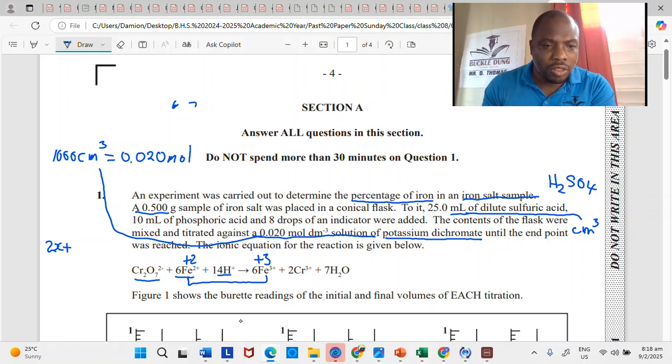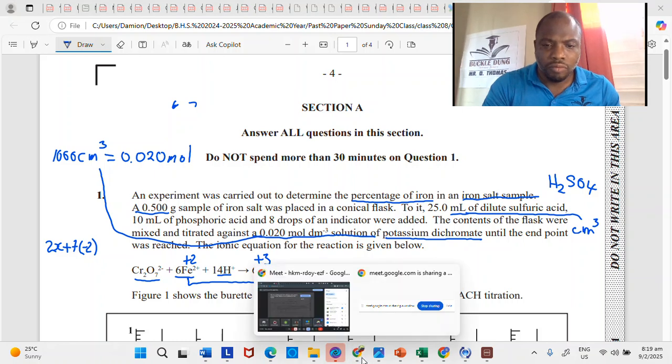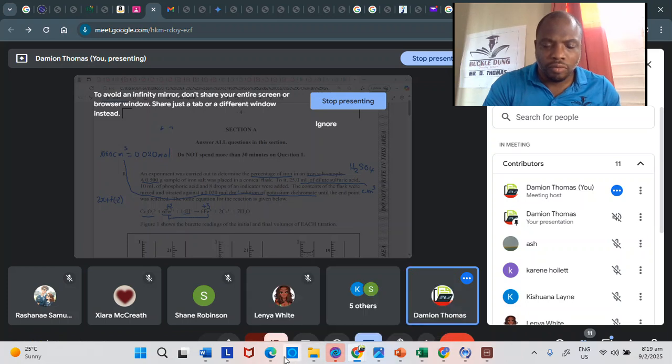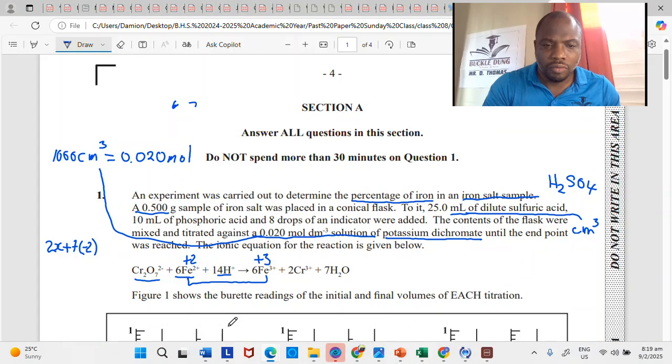plus 7, because there are 7 oxygens, each oxygen is minus 2, and we have it equal to negative 2.